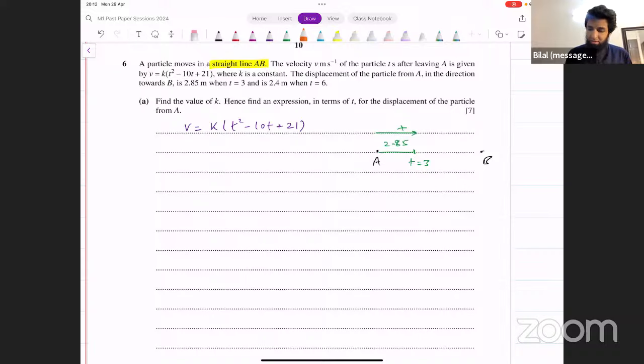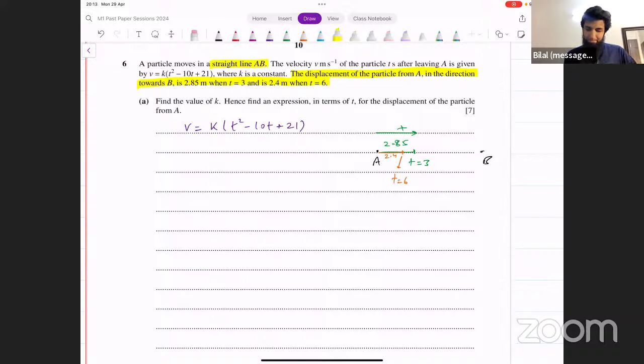Displacement from A becomes less than it was before. This length is just 2.4 meters. And the time value here is time equals 6. Okay, now this is an important piece of information. Find the value of K first of all.